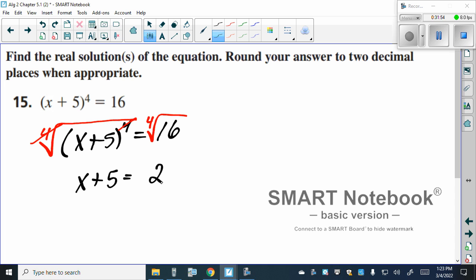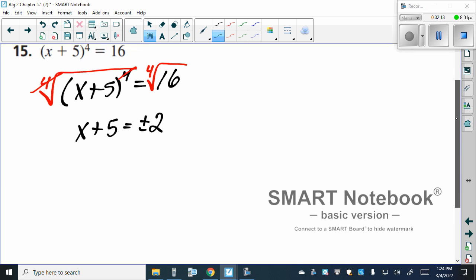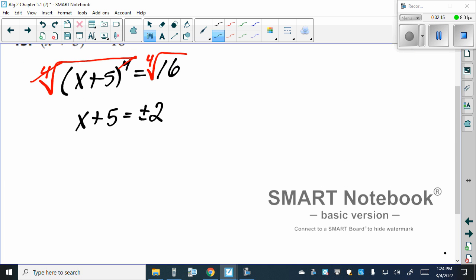Now again, we're taking an even root, so we need the plus or minus. Anytime we take an even root, we have to add the plus or minus for these here. Now, is the variable by itself?